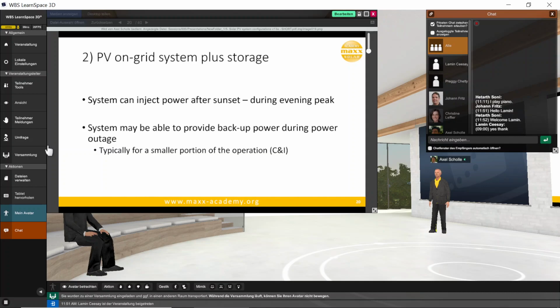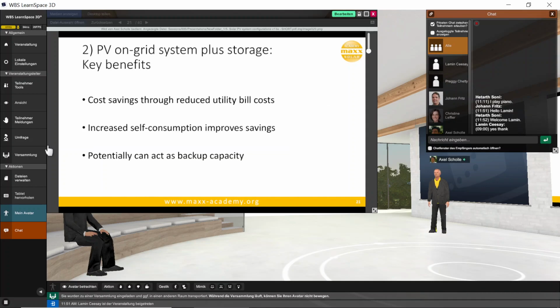And I think the overall benefits can be put down to cost savings, reducing utility bill costs, and improved savings, because now on your home or on your shopping center, you can put up more solar, and you can stretch it throughout the day because you have storage on site.